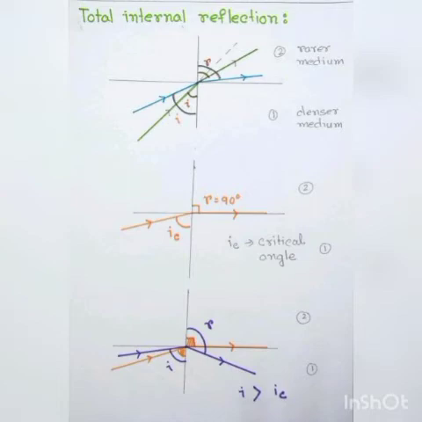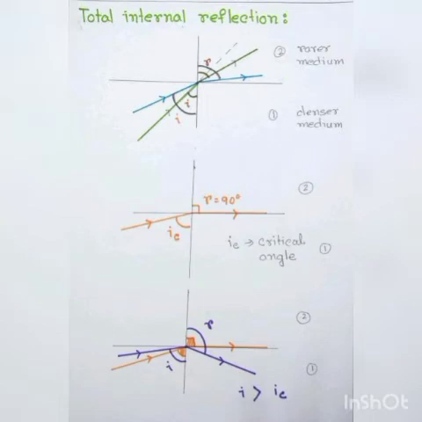Actually, it is not a phenomenon of reflection. It is a particular situation of refraction of light. And we know when light passes from denser to rarer medium, it bends away from the normal. See here in the first picture, the green light, which is passing from the denser to rarer medium, and here the refracted angle is more than the incident angle.